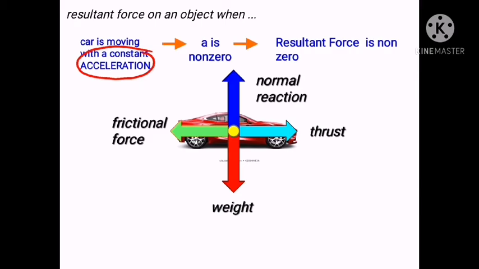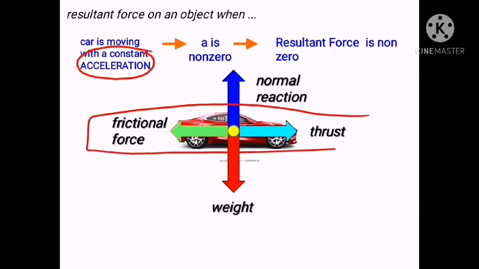Alright, let's compare the forces along the x direction. My resultant force is non-zero, meaning there is a resultant force. So, one of the forces has to be larger than the other one. Which one is it? Of course, it will be my thrust.